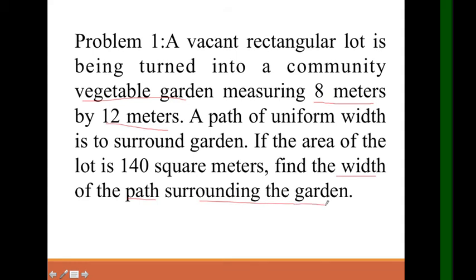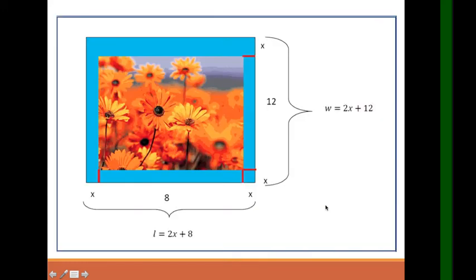Okay? So, gaano kalapad yung path o daanan na inadd doon sa sides ng rectangular vegetable garden. Para mas maintindihan natin siya, ay gumawa ako ng representation. Okay? So, sa representation na to, ito yung ating rectangular vegetable garden.